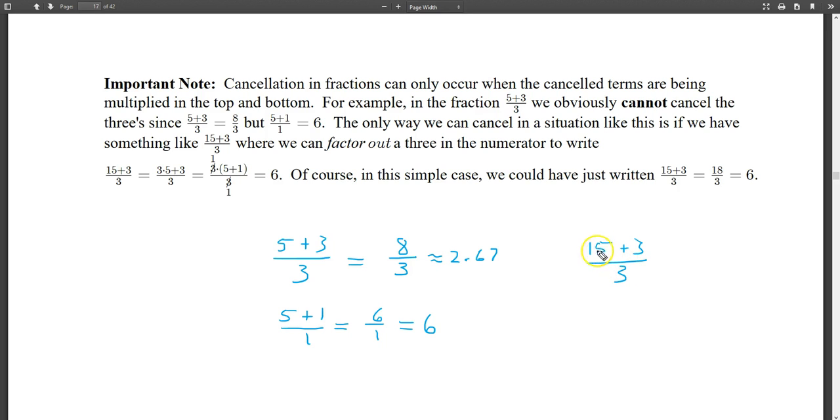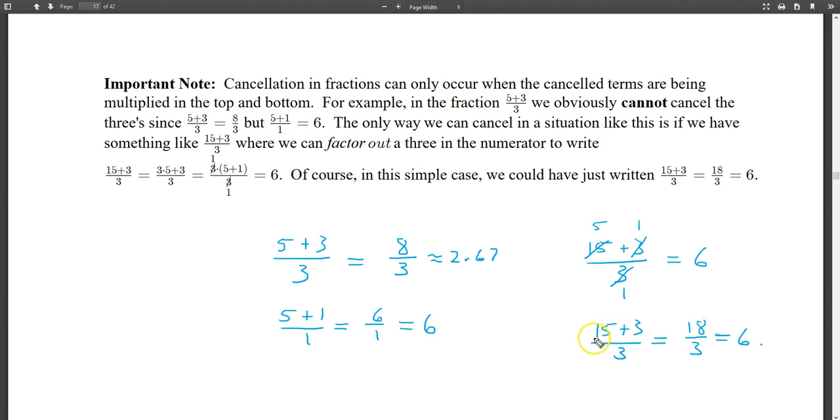You'd have to cancel the 3 and the 15 as well. So you'd cancel this 3 with a 3 here and one of the 3's in the 15, leaving you with 5. And then you would get 6. And notice that that is the same as if you had 15 plus 3 over 3: 15 plus 3 is 18 divided by 3, and yes, that is 6.